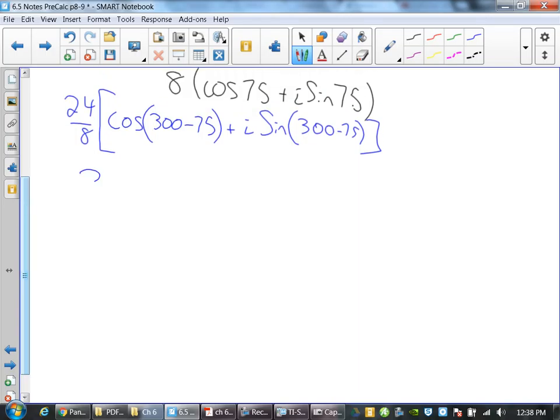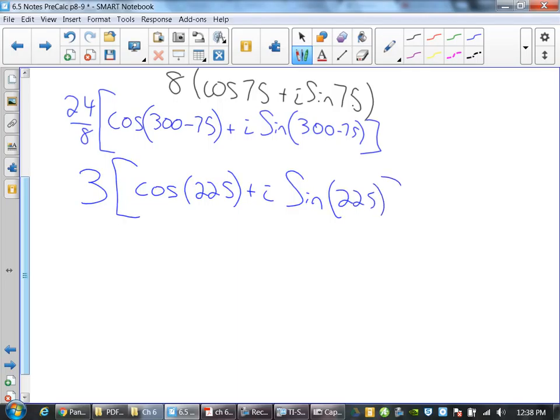Right now we're at 3 cosine of 225 plus I sine 225. So we plot 225 to get its reference angle. 225 goes to the third quadrant, reference angle of 45.